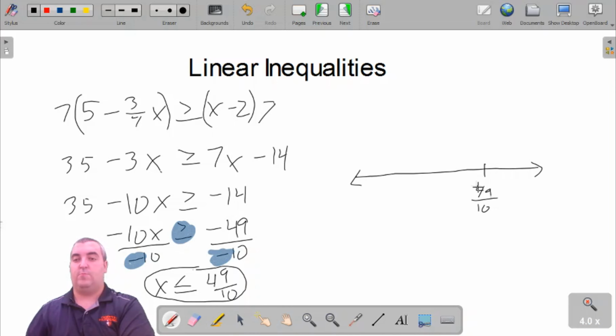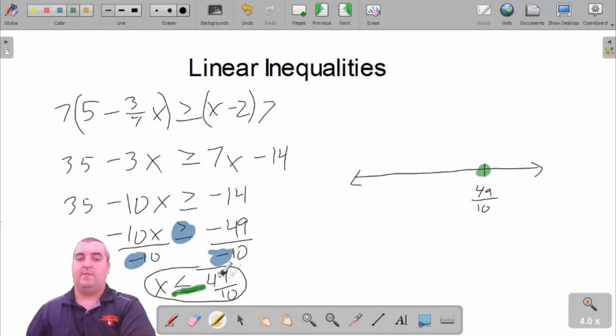Honestly, I hope you guys understand how number lines work. Left is less and right is more. But that's up to you, or up to your teacher, how much you actually need to fill in. So as far as the graphing part goes, because we had this or equal to part, at this spot, we're going to fill in the circle.